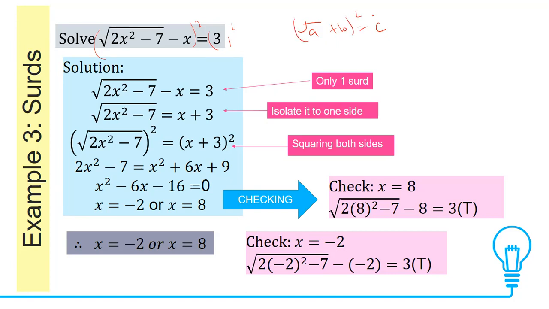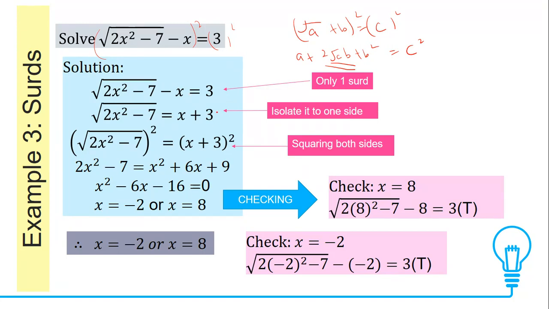If I square starting from here, I will have a plus 2 surd ab plus b squared equals c squared. I still have a surd. So we need to isolate it to one side. Let our surd stay alone at the left hand side, and the rest we send to the right hand side.